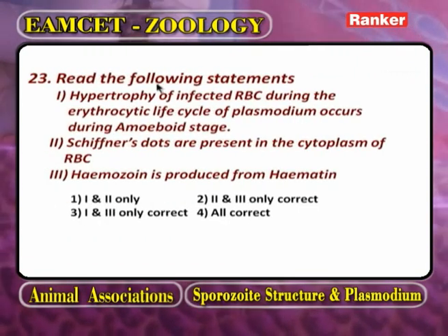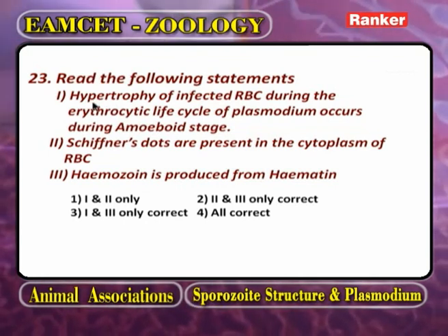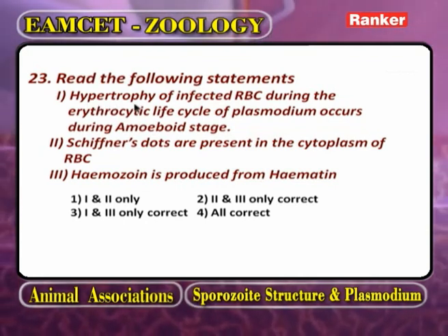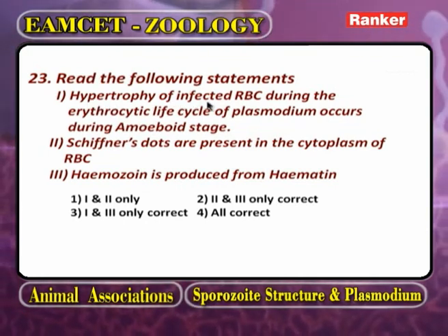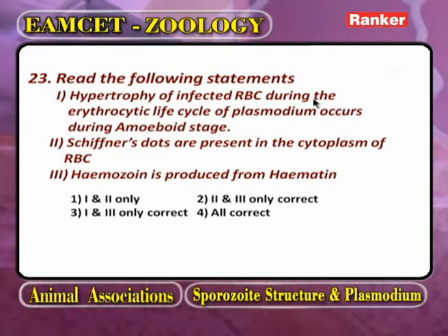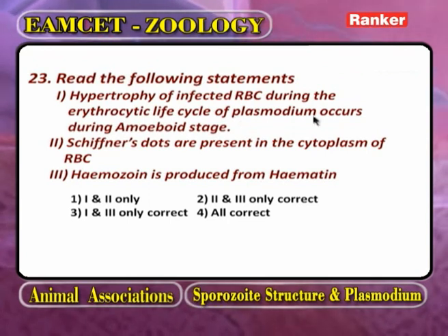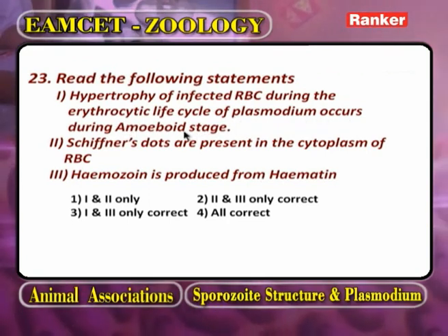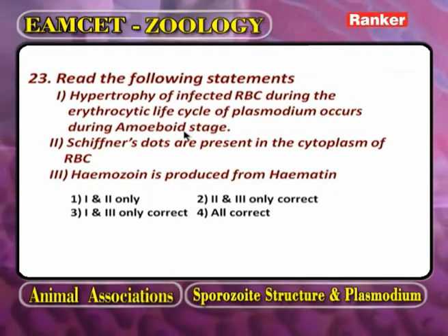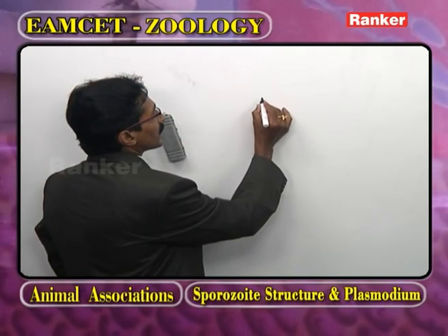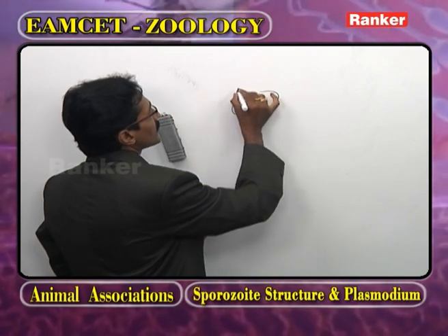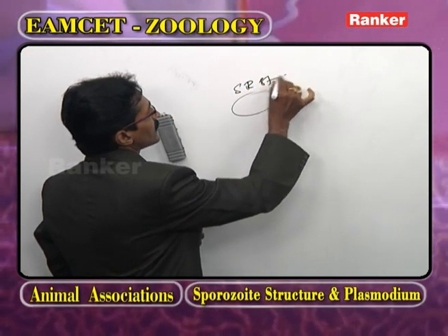Read the following statements. Now the first one is: hypertrophy of infected RBC during erythrocytic life cycle of Plasmodium occurs during amoeboid stage. Now as we observe the Golgi cycle, this is the signet ring stage.